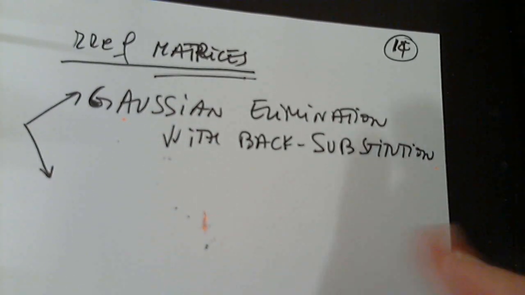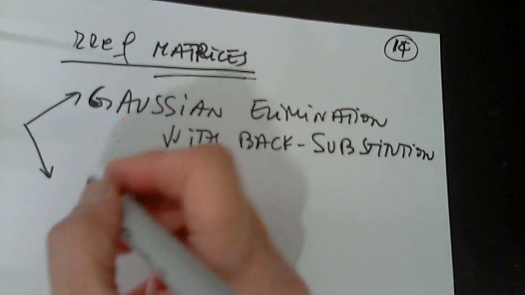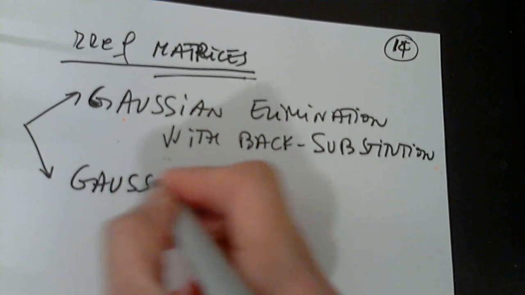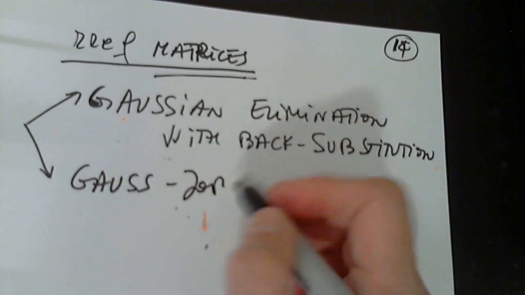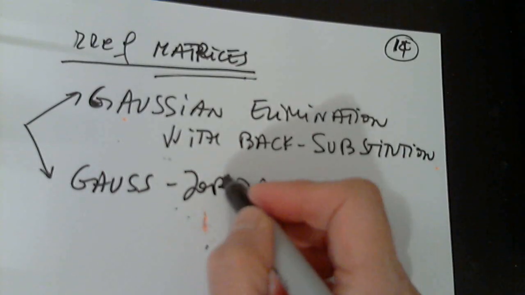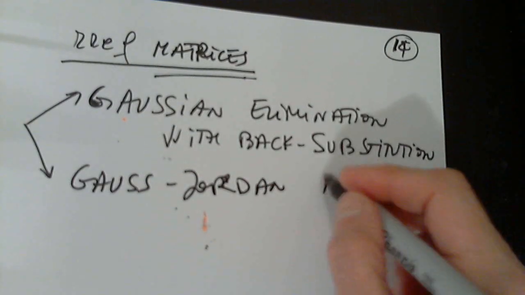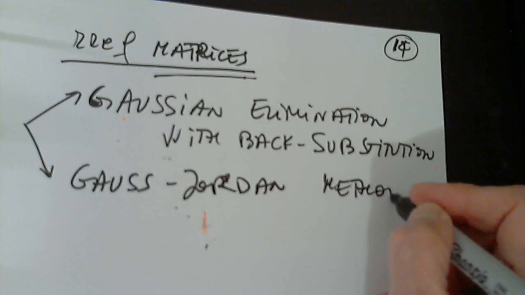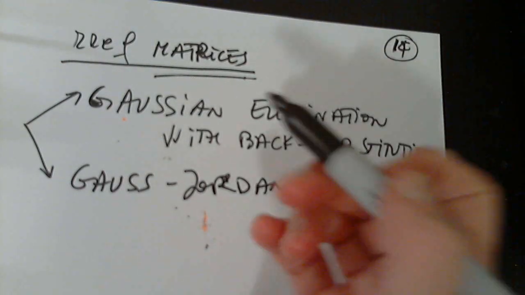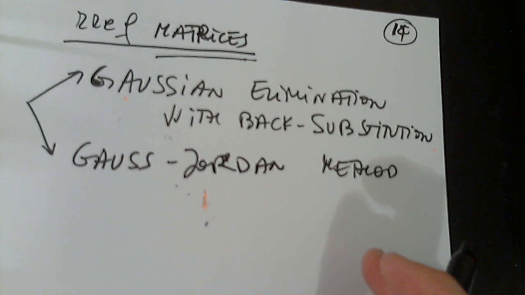And another method, which I consider much easier, is Gauss-Jordan. Two mathematicians. Gauss-Jordan method of solving systems.